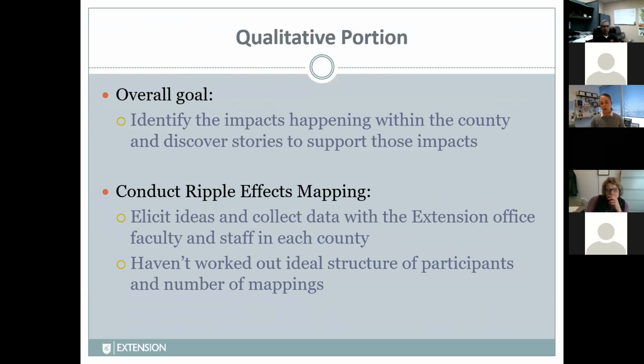So we have found that it's important to have the major players in the room that can give us the information we need, but then there are some information and details that they don't necessarily know. And so we're still kind of trying to figure out who has to be in the room, who has the right information, and how do we make sure that we don't miss something inadvertently by not asking the right question to the right person.